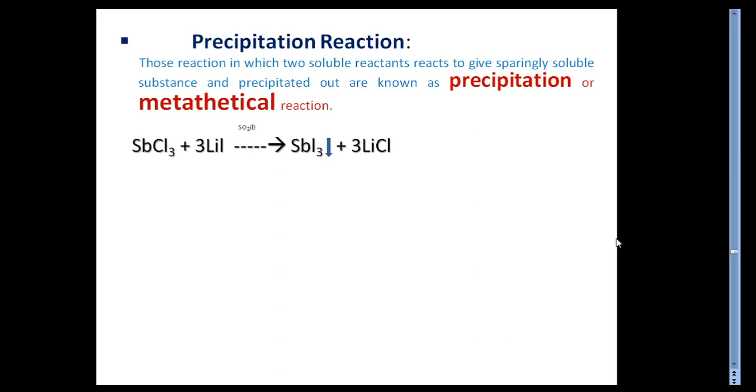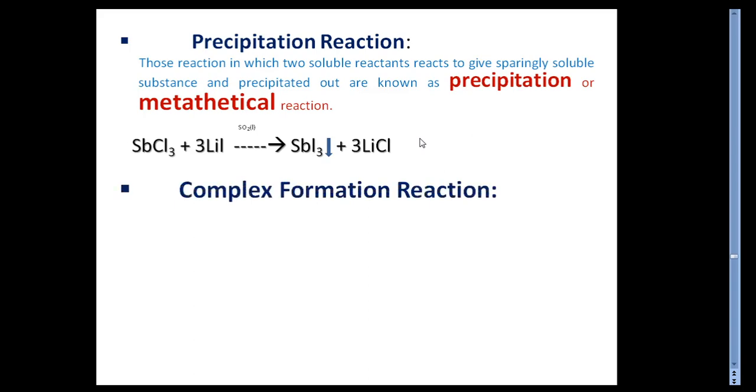In this chemical reaction, SbCl3 plus 3 moles of lithium iodide react in the presence of SO2, and you will see SbI3 get precipitated out, with 3 moles of LiCl as a residue. This is a simple precipitation reaction.